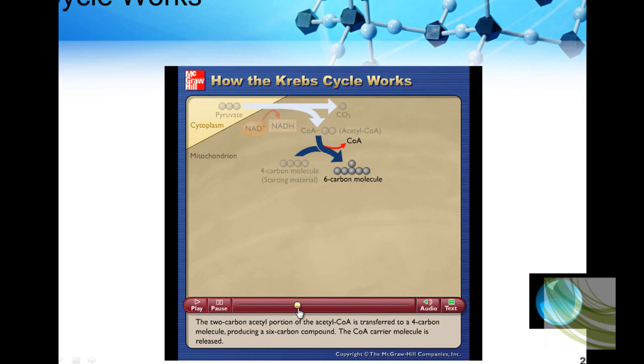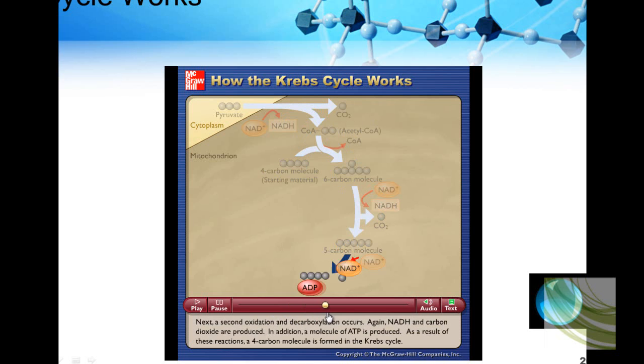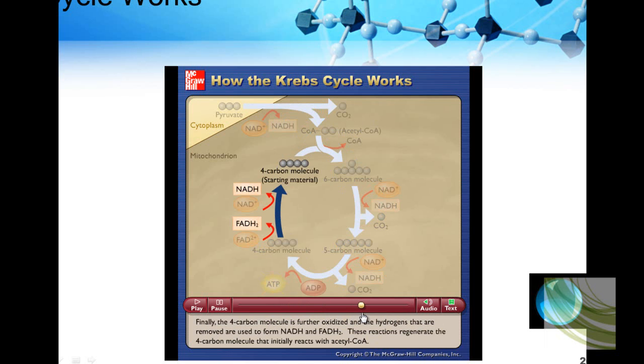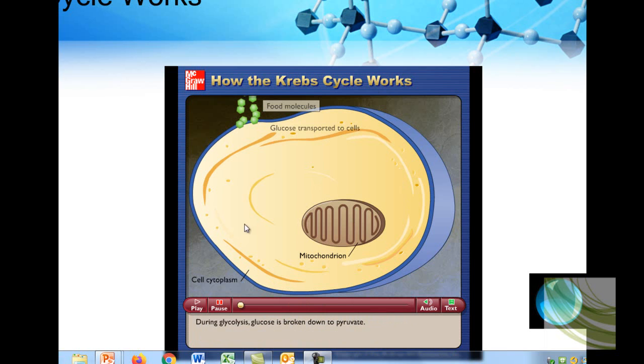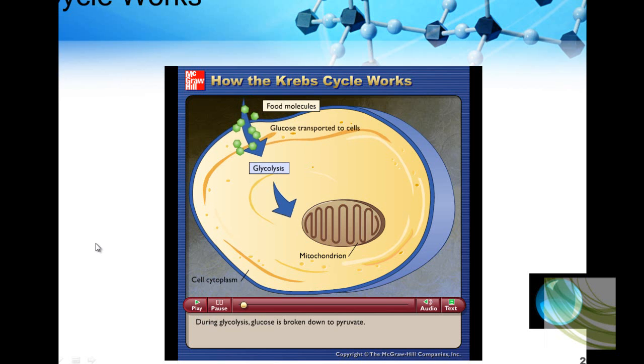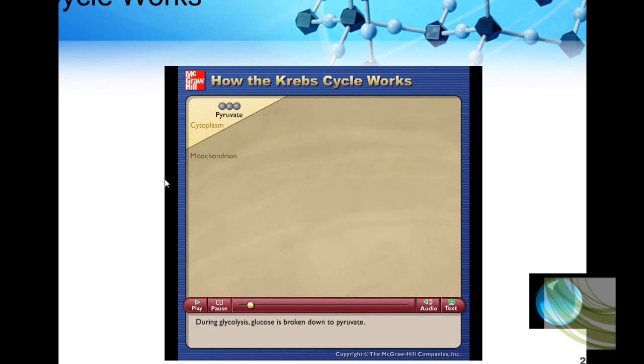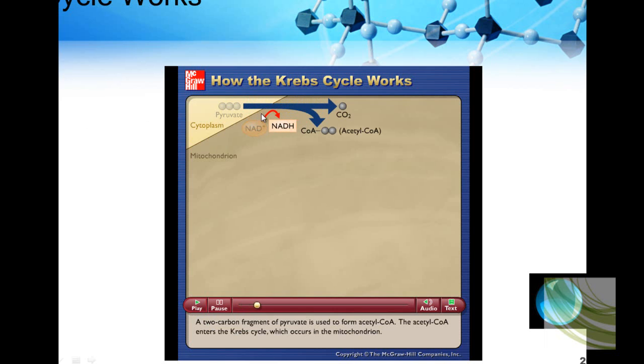Now, the series of these reactions. Okay, so we're going to watch this go through, and I'll talk about it as we go. Glycolysis produces pyruvic acid, which becomes, in the preparatory reaction, acetyl coenzyme A. And you can see the NAD picks up a hydrogen there. We get rid of some CO2.